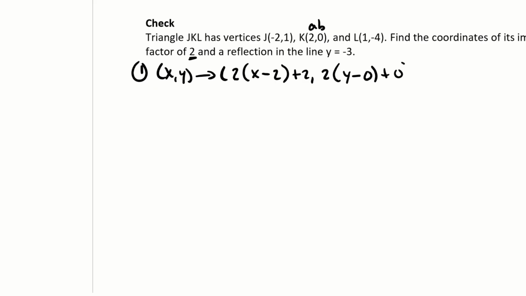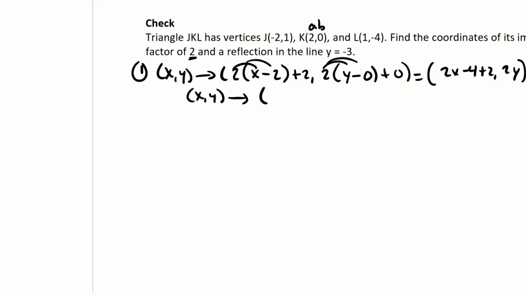Okay, I'm not going to color code it, but we've seen this problem a few times already. And simplify this, distribute. So we got 2x minus 4 plus 2, 2y. The 0 doesn't do anything. All right, so then our transformation becomes (x, y) becomes negative 4 plus 2 is negative 2, and then 2y. So that's our transformation number 1.